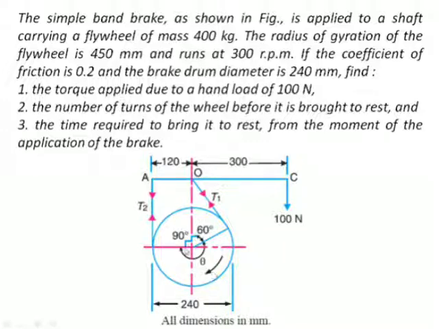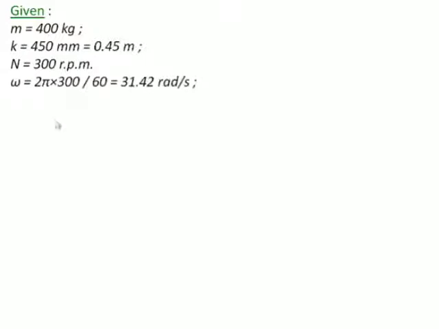So let us go to the given data. Mass is 400 kg, radius of gyration is denoted by k, that is 450 mm, or we can say 0.45 meters. Then the speed is 300 rpm, so the omega of the drum, 2 pi n by 60, is 31.42 radians per second.